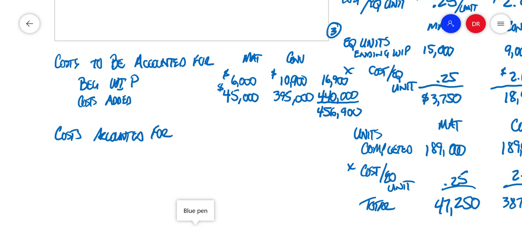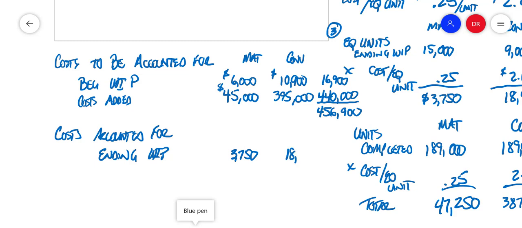Okay. Next, we're going to do costs accounted for. And then we have ending work in process. For materials and conversion, we have 3,750 and 18,450.